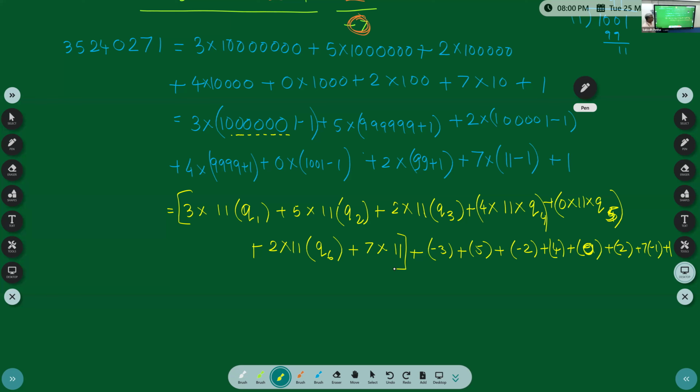Now from here to here, everything is divisible by 11. This entire bracket is divisible by 11 because every term has got 11 in it. So this will leave remainder 0 when divided.